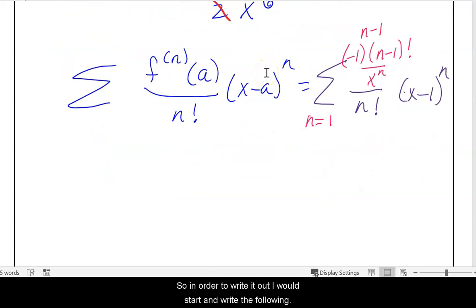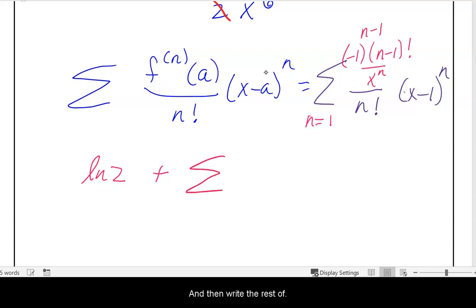So in order to write it out, I would start and write the following: this series is going to be given by the natural log of 2, the constant you can't make fit the pattern, and then write the rest of it. n equals 1 to infinity. And let's see, could I simplify this? I could simplify it a little bit, right?